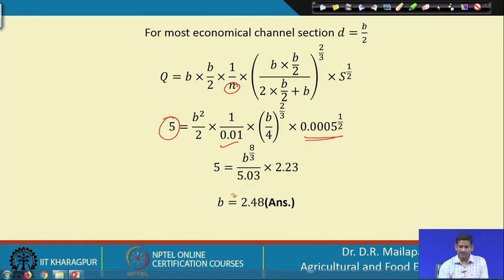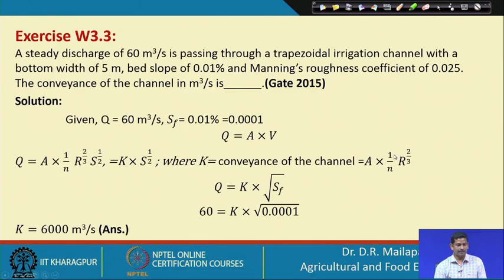Substitute all the values and you will end up with B power 8 by 3, and finally B is equal to 2.48. So that is the example, this is exercise 3.3.